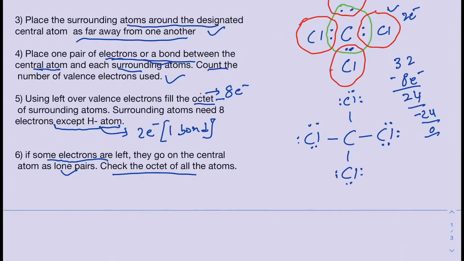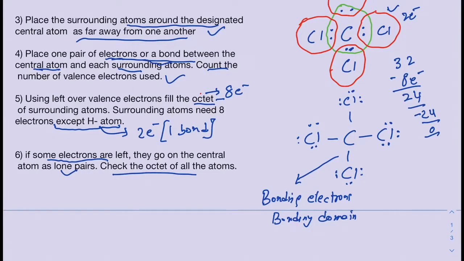Keep in mind the bonds that are made between the carbon and chlorines. Those are called bonding electrons, or also bonding domains. We want to make sure you know the terminology here.